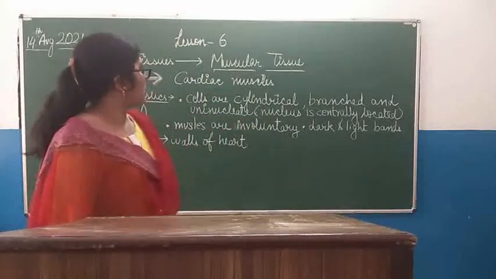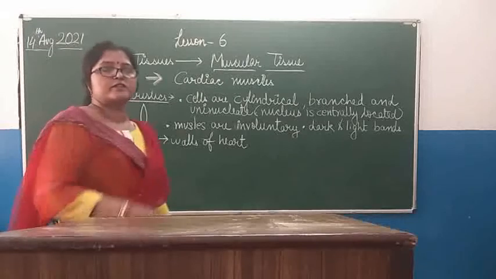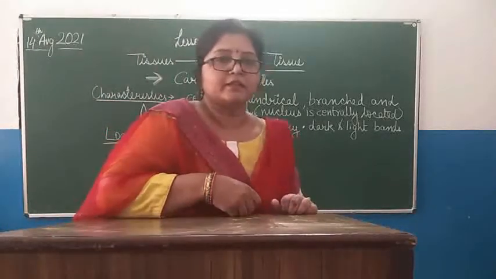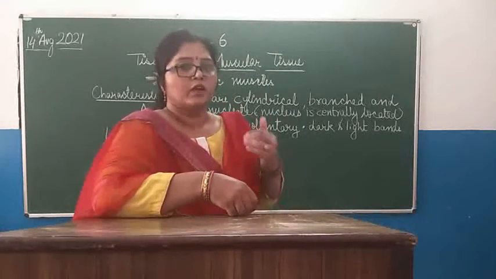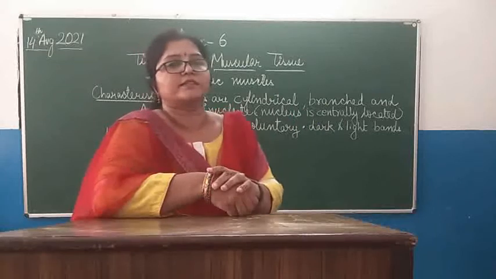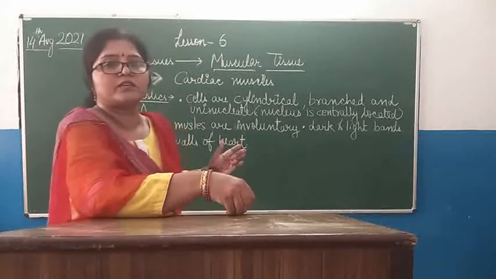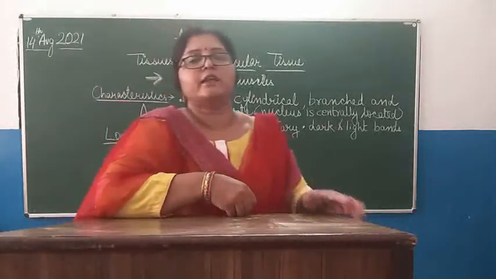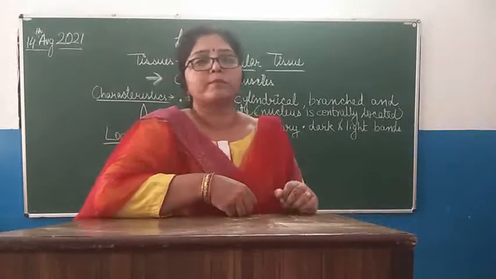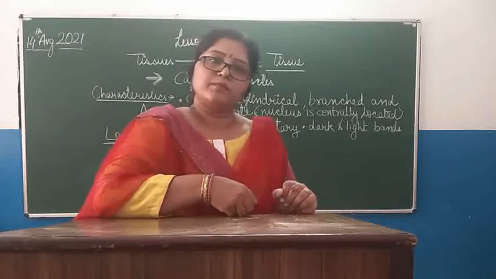And the function of cardiac muscles, friends: the heart's walls are able to allow the flow of blood from the heart to the blood vessels with the help of these cardiac muscles. These cardiac muscles contract, and that is why the heart is able to pump the blood to the blood vessels.